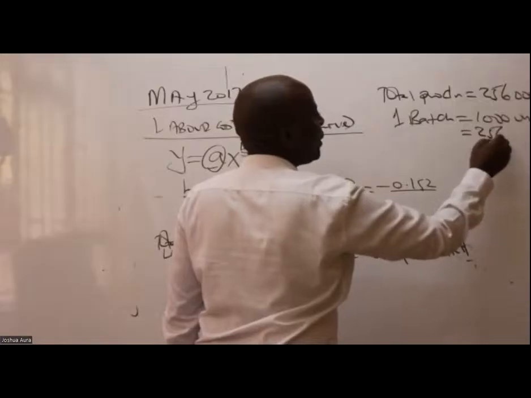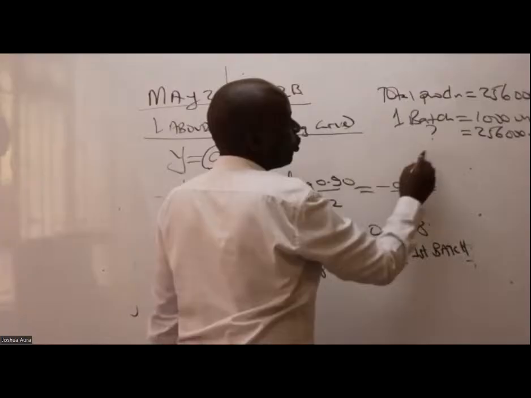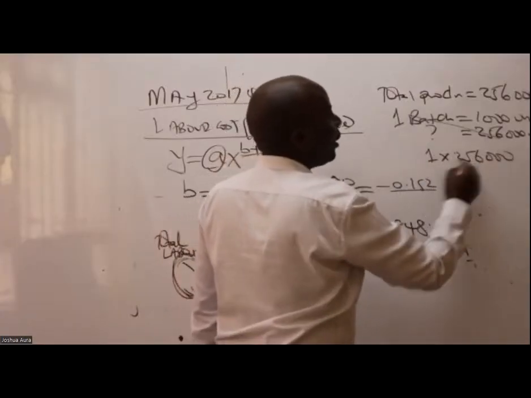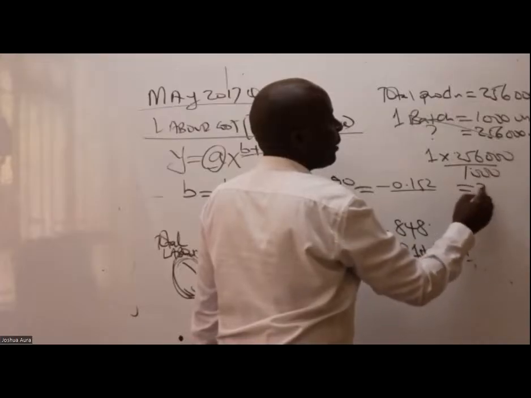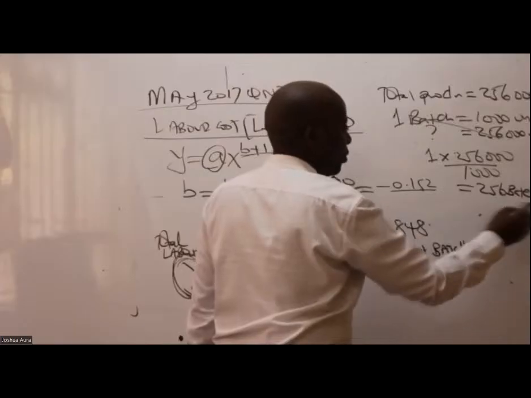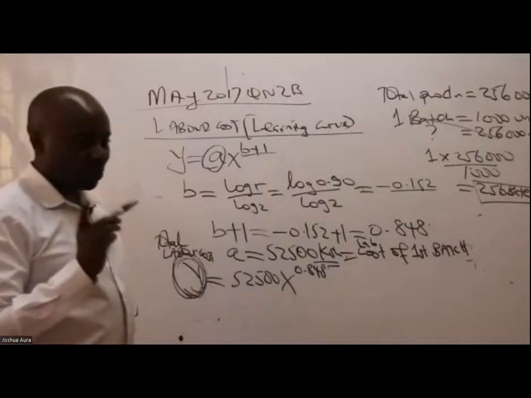So 256,000 units will be equal to how many batches? If you cross multiply, it will be 256,000 divided by 1,000. So it will give me 256 batches that were produced in the period.